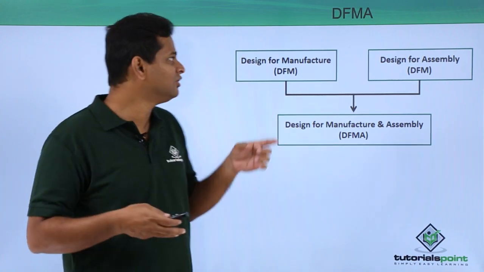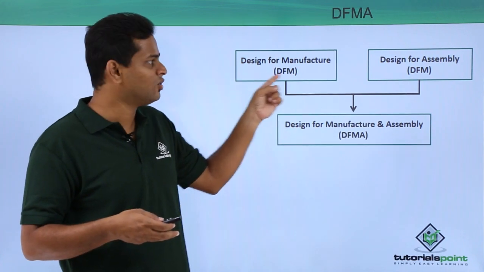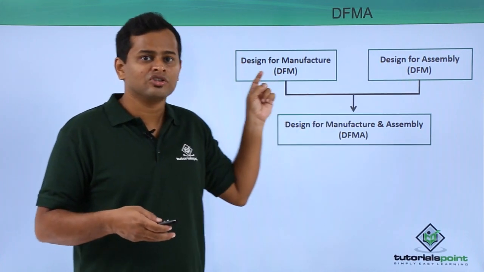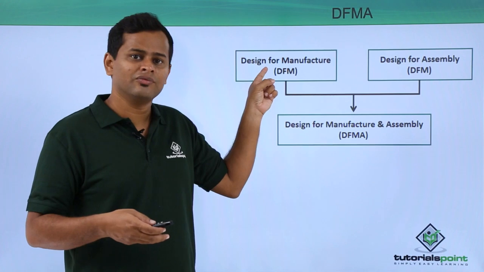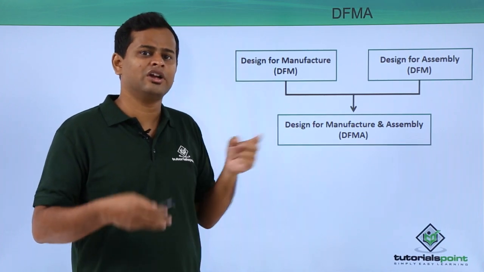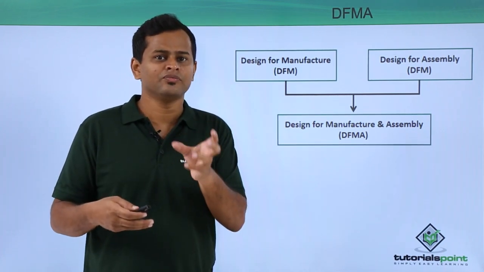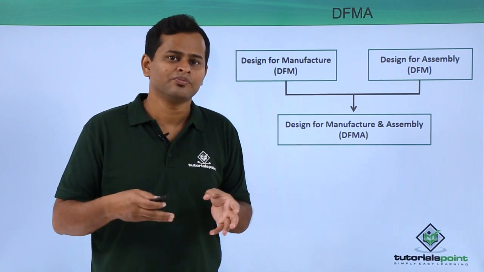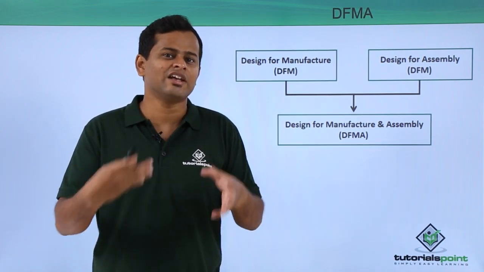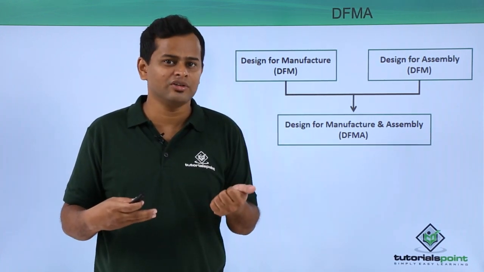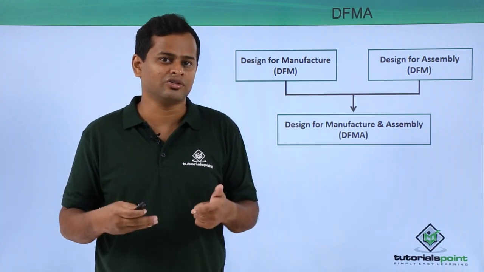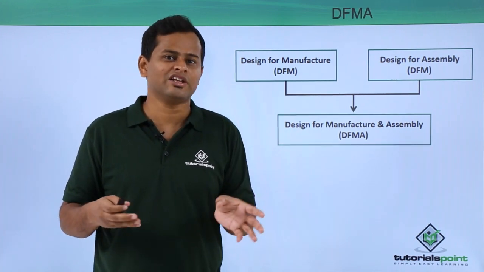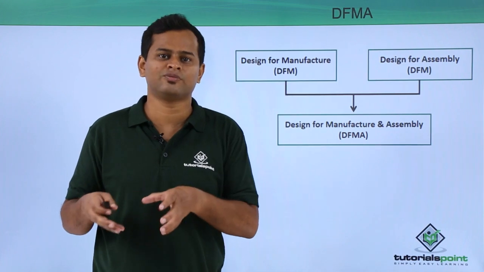Now we will understand DFMA, that is design for manufacturing and assembly. We need to consider design for manufacturability and also design for assembly. In design for manufacturing, we have to understand that it's not only the product design, but when it goes into the process, we have to make it as easy as possible from the ergonomics front and also the productivity front. That means it's not only the quality aspect, but also the quantity aspect.